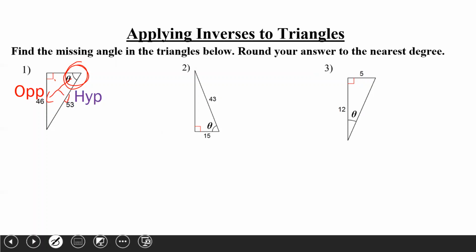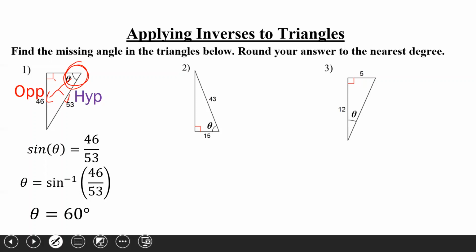So what function uses opposite and hypotenuse? Sine. So sine of theta equals 46 over 53. Now we take the inverse of both sides and you type into your calculator sine inverse of 46 over 53. You round and you get 60.